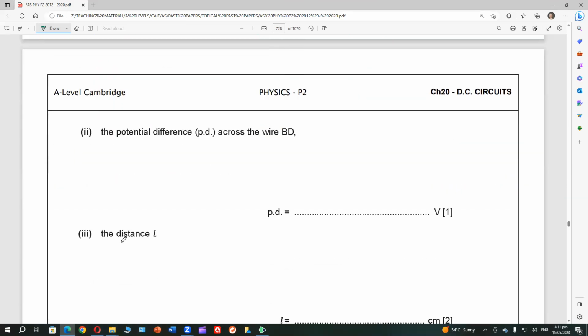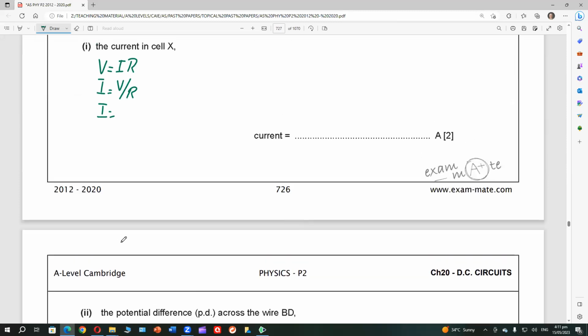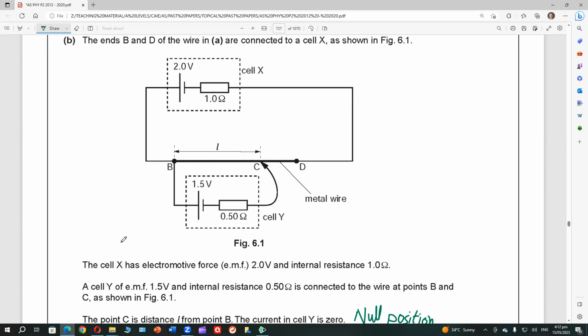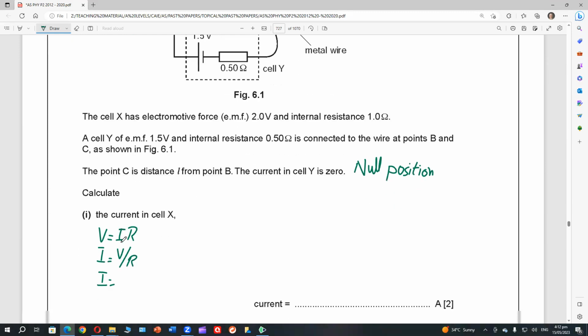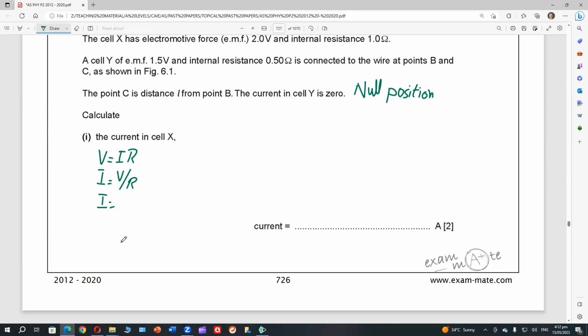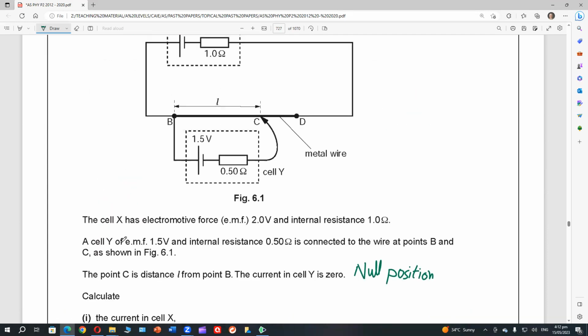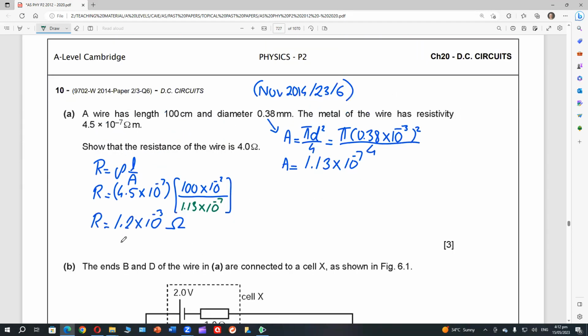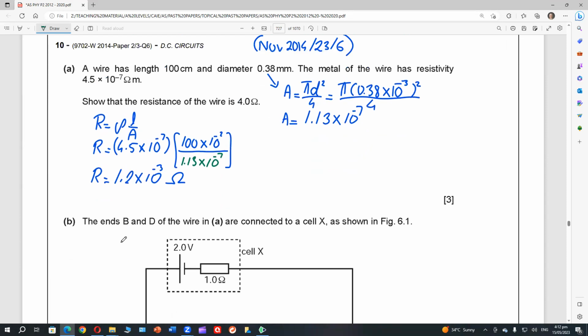The potential difference across the wire BD. There is a problem coming.